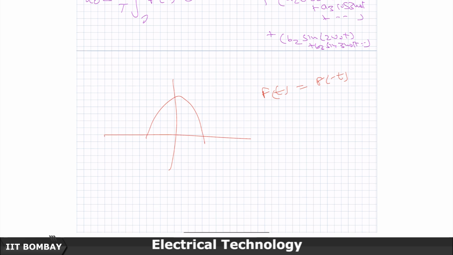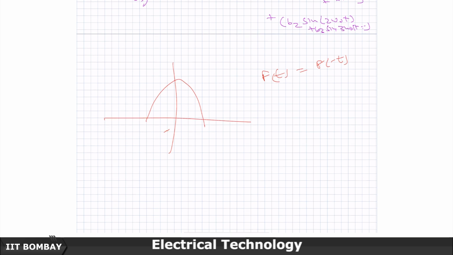This waveform has even symmetry, and a waveform like this has odd symmetry. So, this is odd symmetry, this is even symmetry.